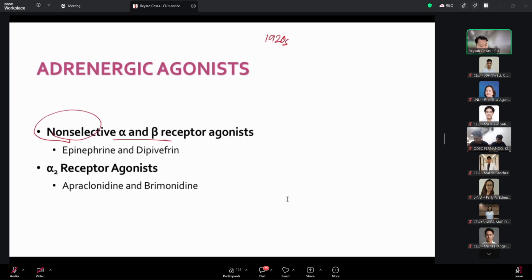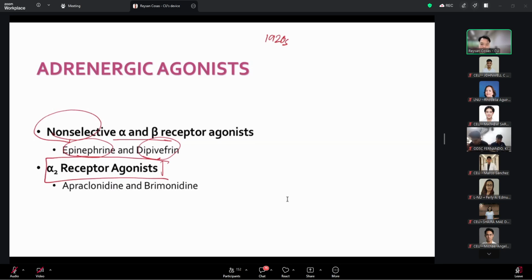Like epinephrine, they are non-selective, so they have high potential for both ocular and systemic side effects. That's why their use was supplanted by the use of more selective agents. So sinong mas preferred natin? Yung mga alpha-2 selective agonists.